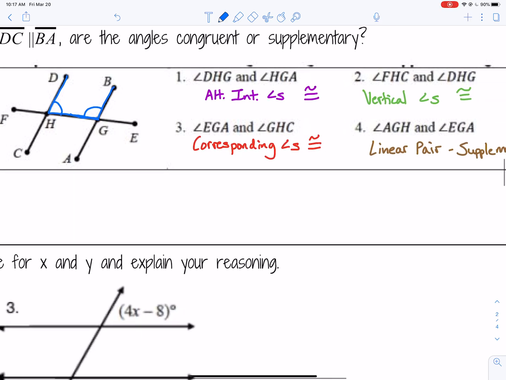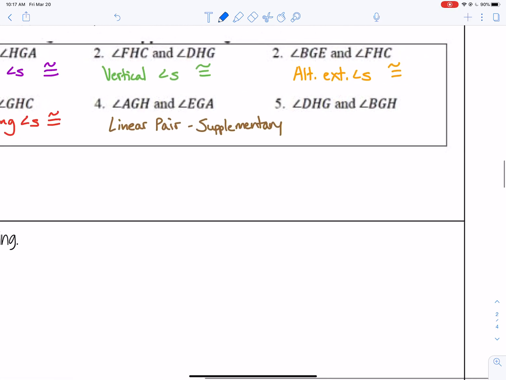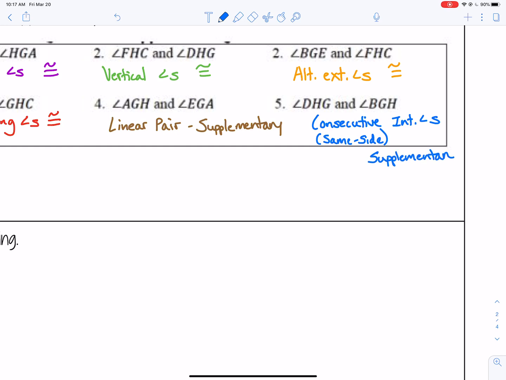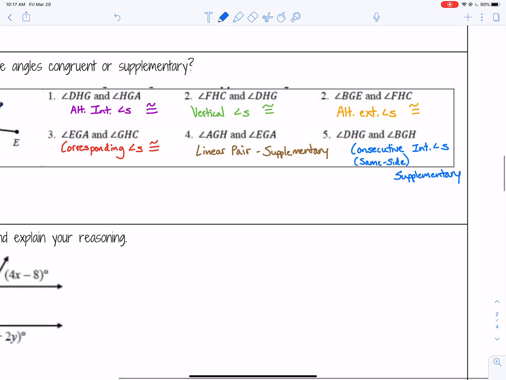So they are consecutive interior angles. So consecutive, which sometimes we see it called same side, and they are interior angles, and those are supplementary. They are not equal. So they are supplementary, and linear pair was supplementary, and the others were congruent.